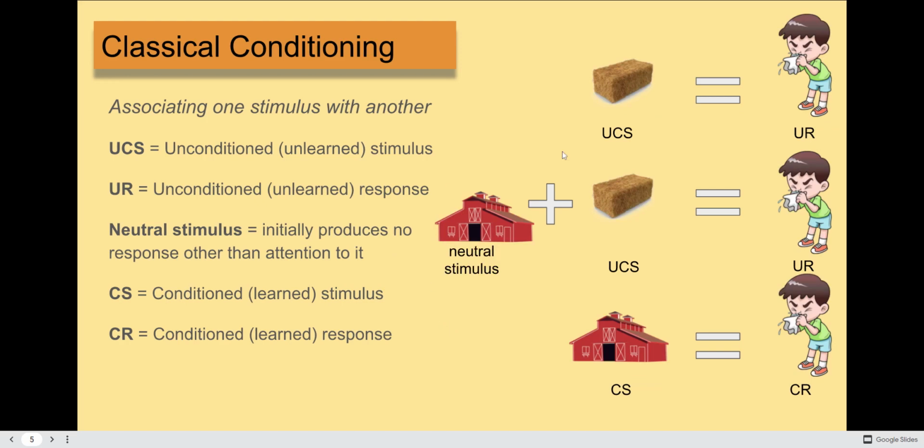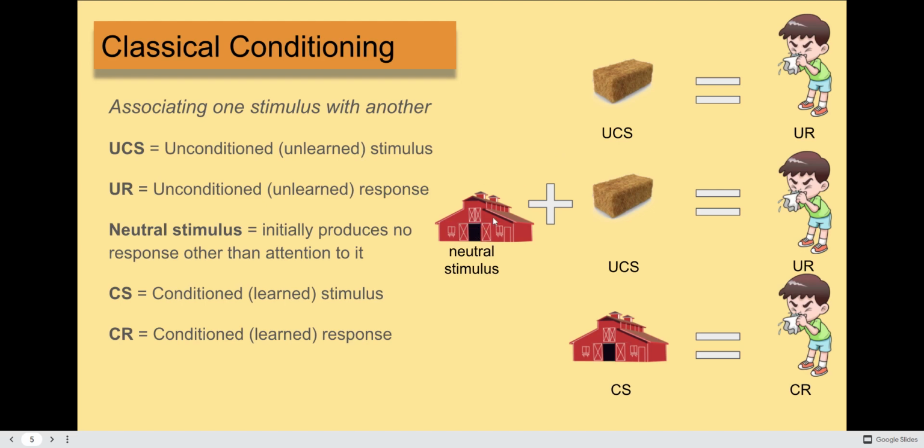Let's take a look at another one. Let's take a look at somebody who might be allergic to hay. Hay and being allergic to it is an unlearned stimulus and unlearned response. So in this case, the unconditioned or unlearned stimulus is a bale of hay, which produces an unconditioned or unlearned response of sneezing. Now, let's say you remember Butler's Orchard, probably went there a few times when you were younger, or some farm, where the sight of a barn itself is neutral.